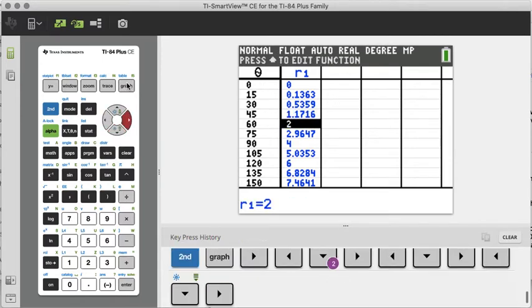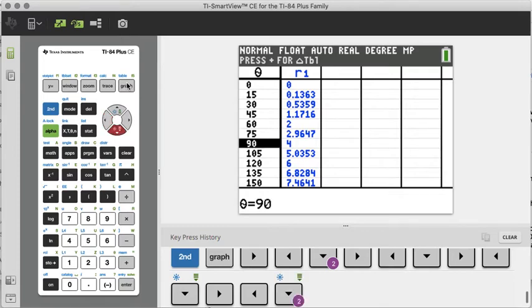At 60, we would be at 2. Students always ask, how many points do I need? You need to keep arrowing down and doing every point that you can until your pattern goes back to the original starting point, until you've actually got the entire pattern.